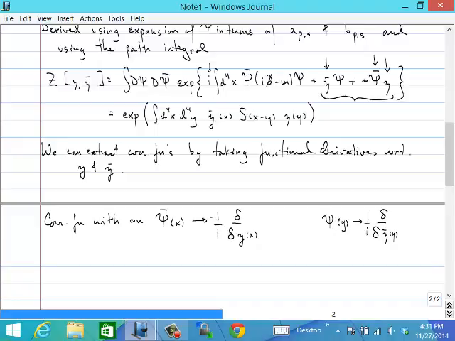And likewise, you would write a psi bar with an upper index and the psi with a lower index. Because remember, one of them is a row vector and the other is a column. So psi is like a column vector, psi bar is like a row vector. Usually we don't actually write out those indices explicitly if we can help it. So I was being a little schematic there, but hopefully you have the idea.